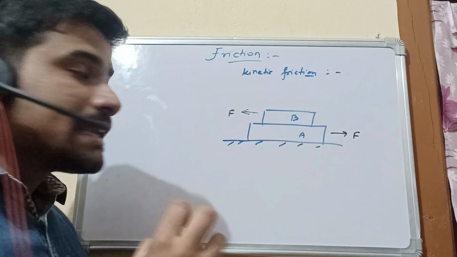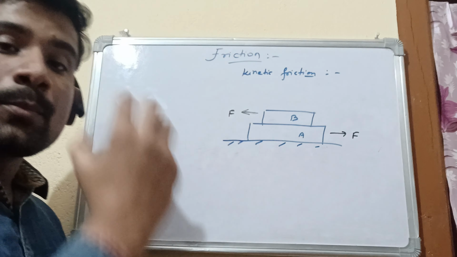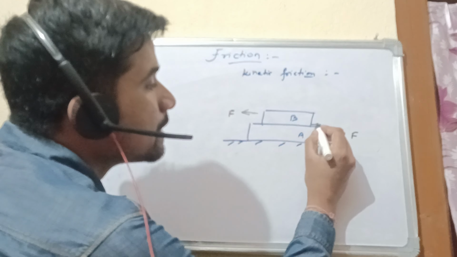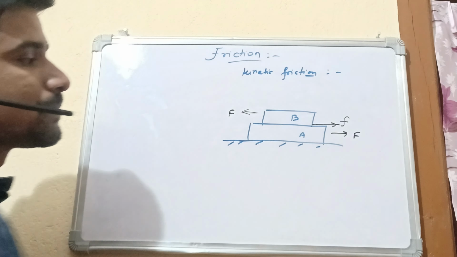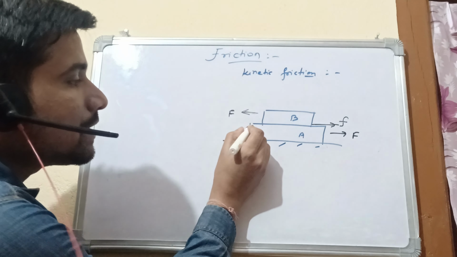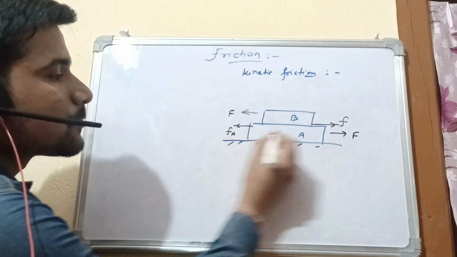Now the kinetic friction on B will be in such a direction that it opposes its velocity with respect to the opposing surface, which is A, right? So the kinetic friction on B will be in this particular direction, small f. And for A, it will be in this direction. Let me put it as FA and FB, but FA will be equal to FB, Newton's third law, right?